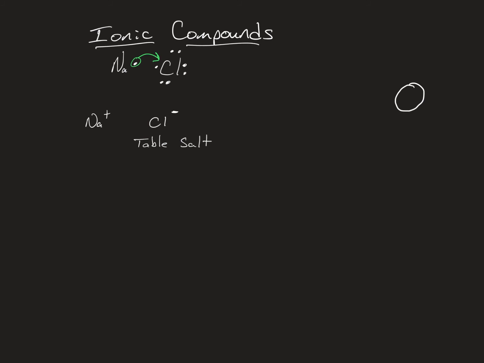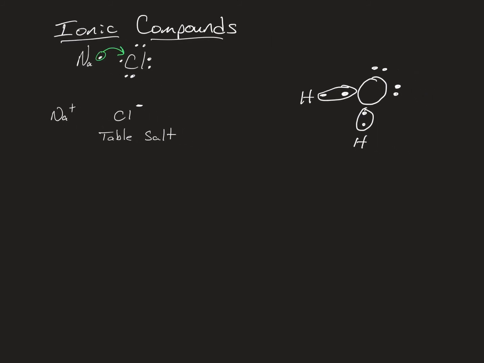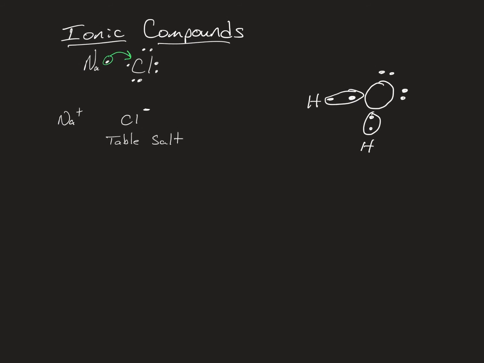Now let's take a look at another molecule. Oxygen has 6 valence electrons, so it can form 2 bonds. An interesting thing is it forms 2 with hydrogen. Hydrogen isn't strong enough, so they have to form a partnership to get that full octet. But it's not an even partnership. Oxygen is stronger than hydrogen, and hydrogen is less strong.